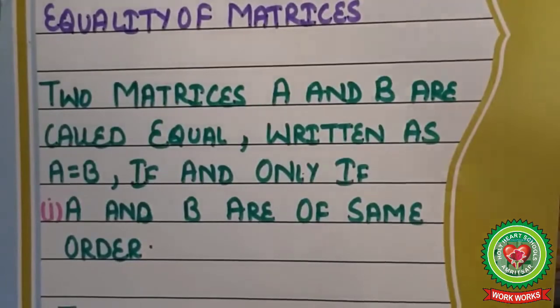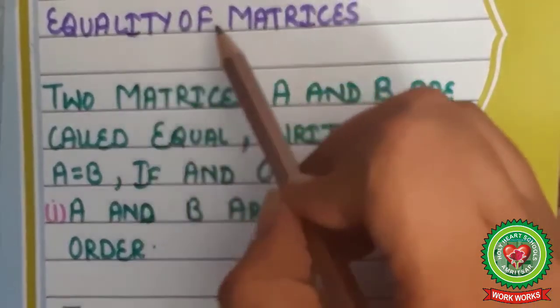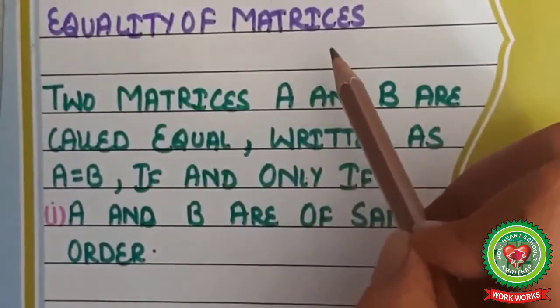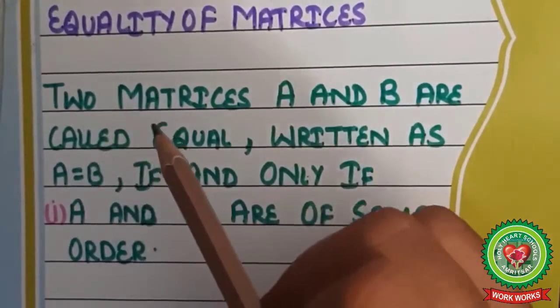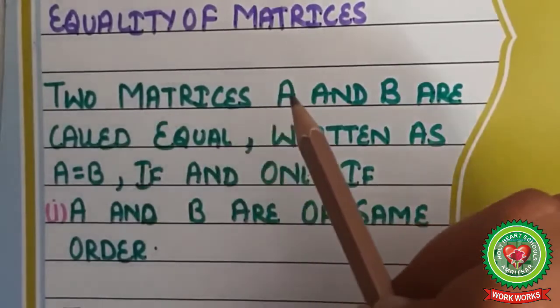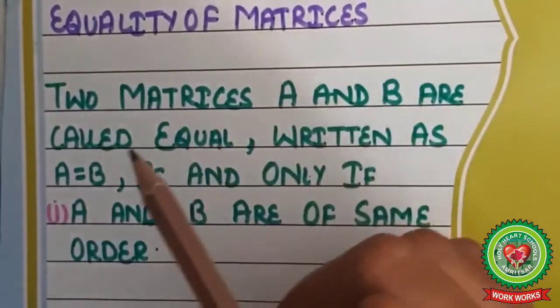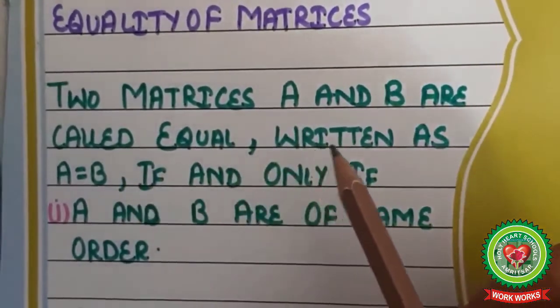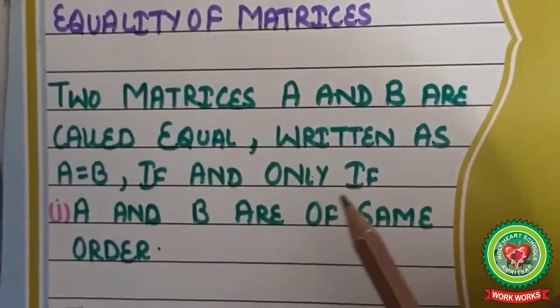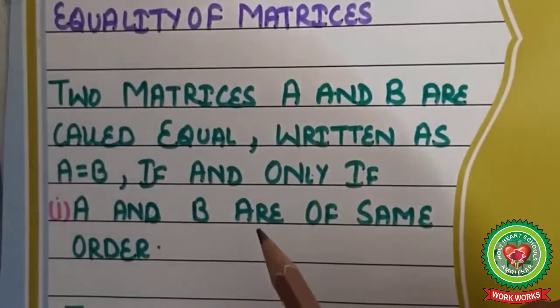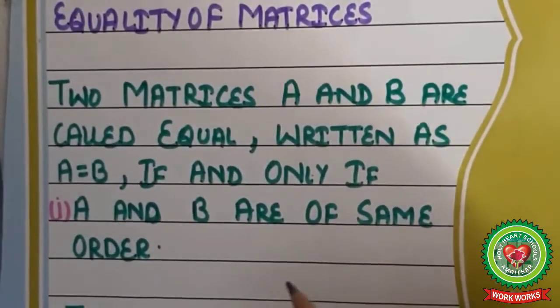Now our next concept is equality of matrices. According to this concept, two matrices A and B are called equal and written as A equals B if and only if A and B are of the same order.